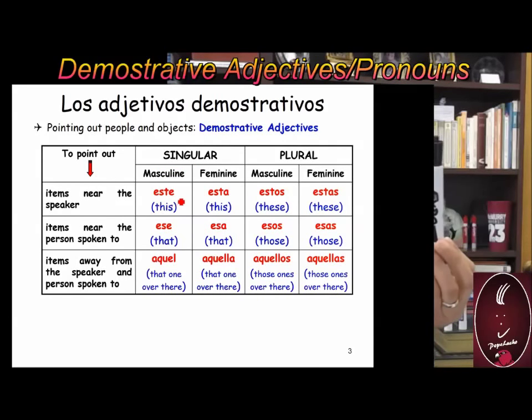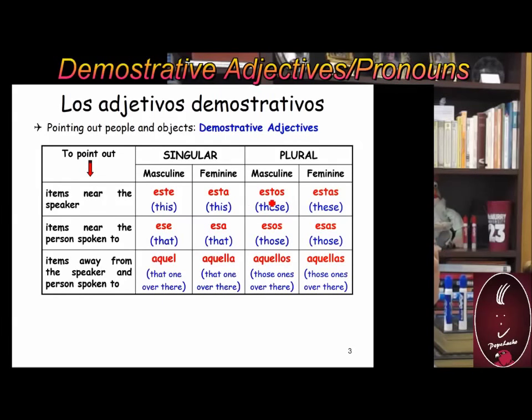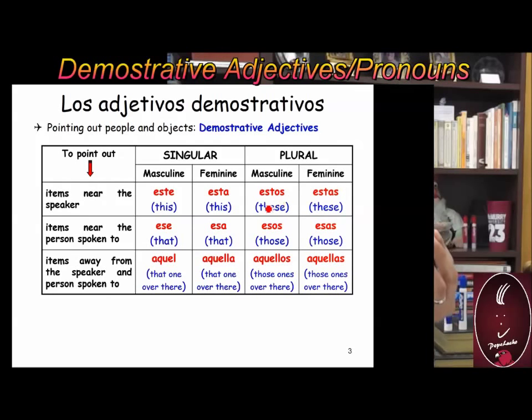Agree in gender and number with the demonstrative adjective. If I have two markers, I will use estos marcadores son negros, because those markers are masculine and plural.